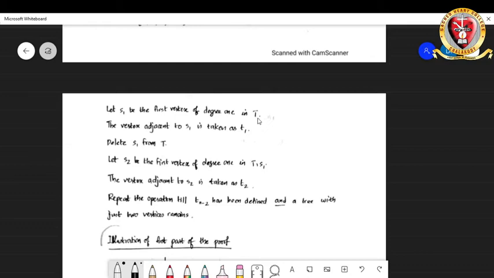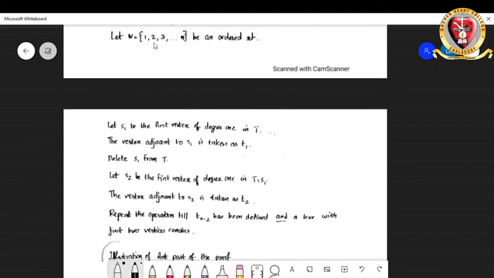With the order 1, 2, 3, etc., n, suppose S1 is the smallest number among the vertices which have degree 1. Definitely that vertex will have an adjacent vertex, and that vertex is taken to be T1. So we got the first coordinate.